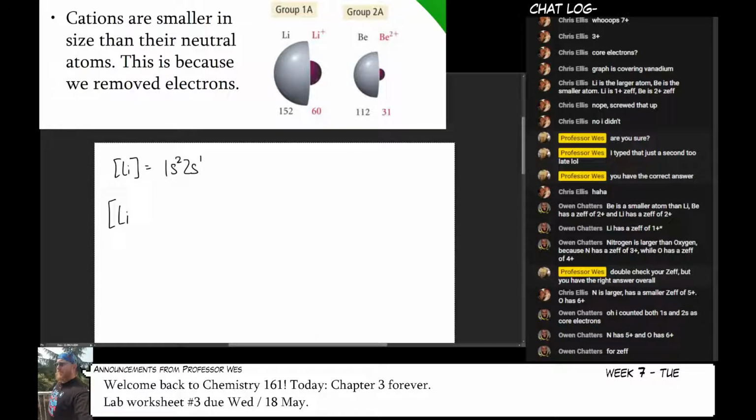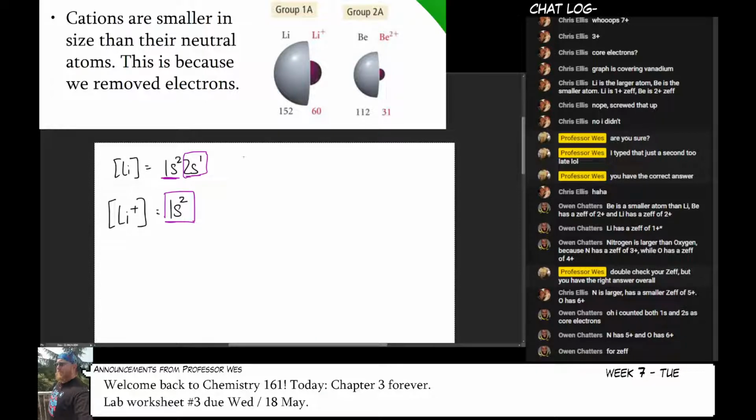What if I wrote the electron configuration for this? Well, then it'd just be this, right? Because we get rid of the valence electron. Which I should actually put a box around because we've been underlining core electrons.